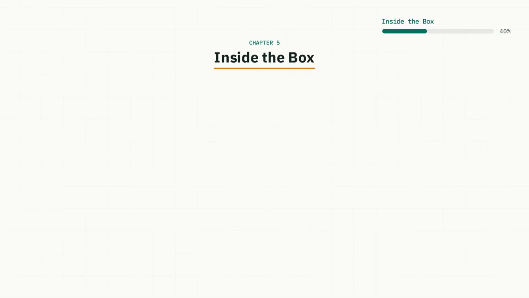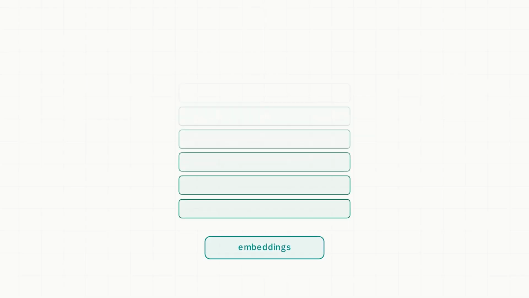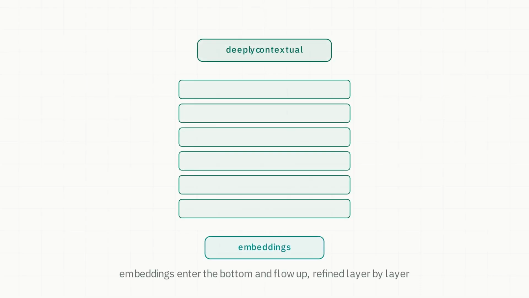From altitude, we now have a sequence of embeddings flowing in. This is where the real engine sits, the architecture that does the thinking. Almost every modern language model is built on one design, and you've heard its name, the transformer. At the highest level, a transformer is a tall stack of identical layers.